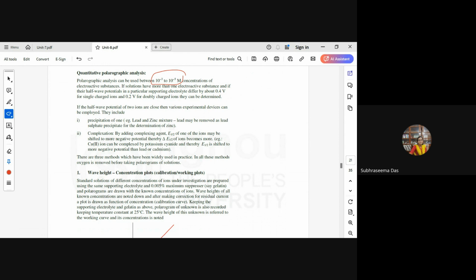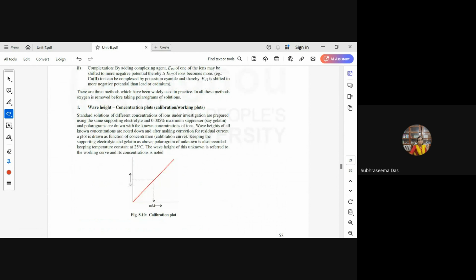In all these methods, oxygen is removed before the polarogram of the solution is taken. The first is the wave height concentration plot. Standard solutions of different concentrations of ions are prepared using a supporting electrolyte and a suppressor. Mostly gelatin has been used as a suppressor or surface active reagent.